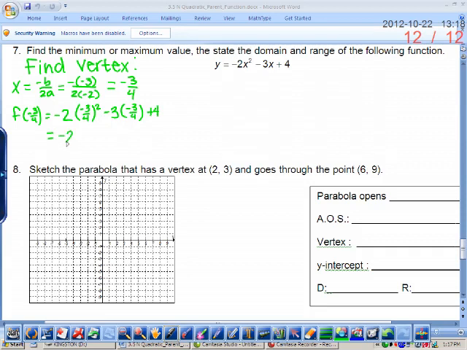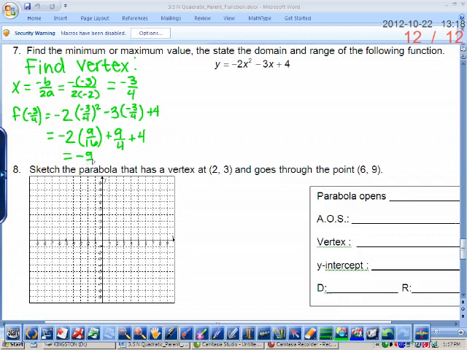Okay, so this is negative 2 times, what's negative 3/4 squared? Good, it's always positive when you square something. Positive 9/16, plus what? 9/4, plus 4. Negative 3 times negative 3 is positive 9, so plus 9/4. Okay, negative 2 times 9/16.